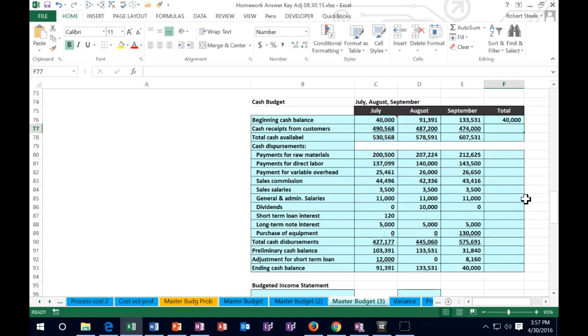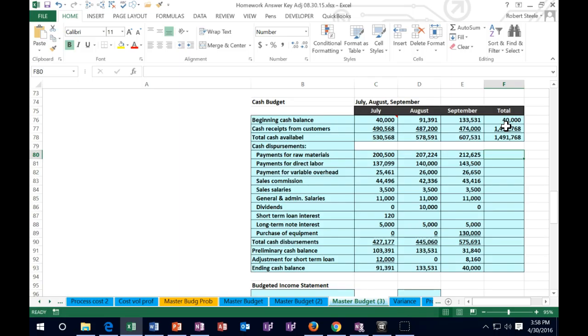And then we're going to sum up all of this for the cash receipts for July, August, and September. So the total for the period here, I'm going to go ahead and underline that, home tab, font group, underline. Then we're going to add those two up. So this equals the 40 at the beginning plus all the cash receipts for the 3 months, the quarter. And there we have this.